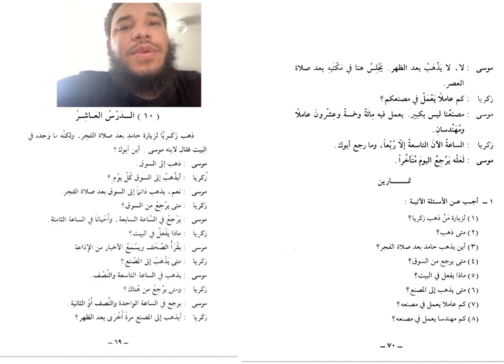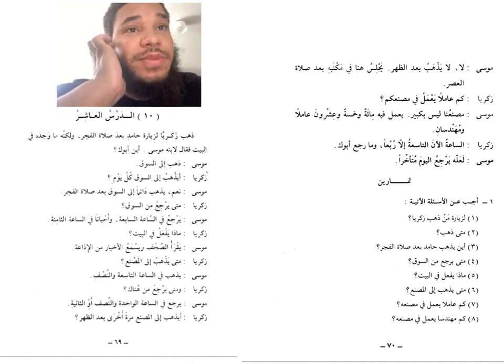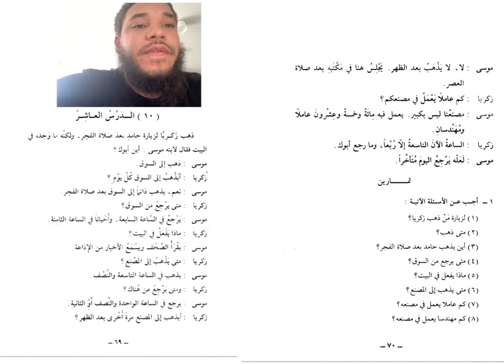So here we can see, I'm just going to highlight some of the points that I want us to think about, inshallah, or what we can observe that's new in this lesson. So, for example, before lesson 8 we learnt ذهب, the past tense verb, but now we learnt يذهب, which is the present tense form of the verb. So in this lesson we're going to speak about present tense verbs.